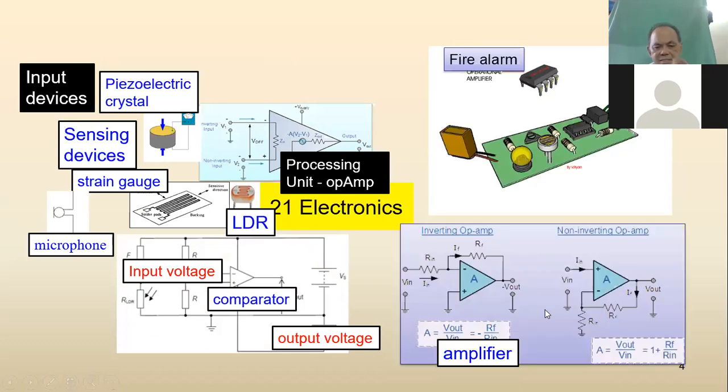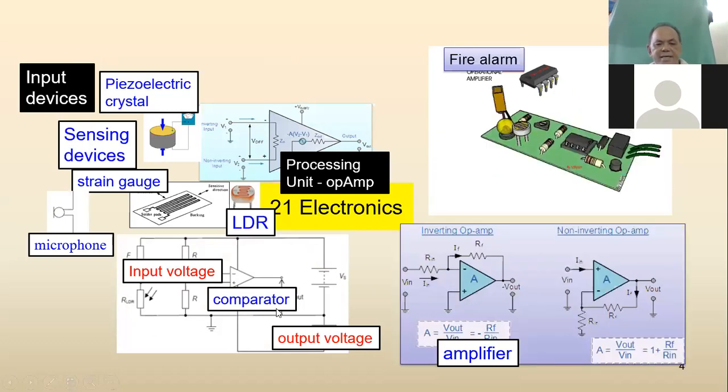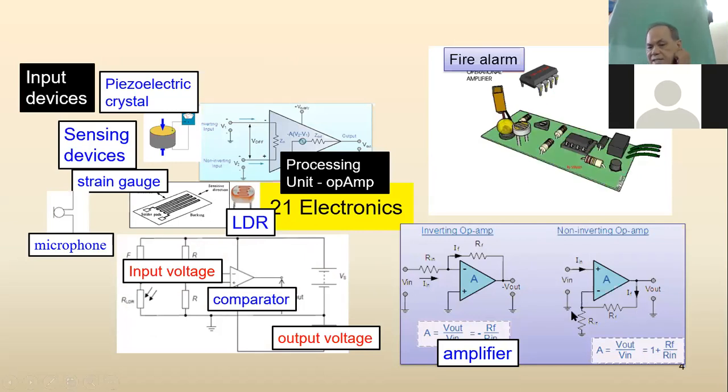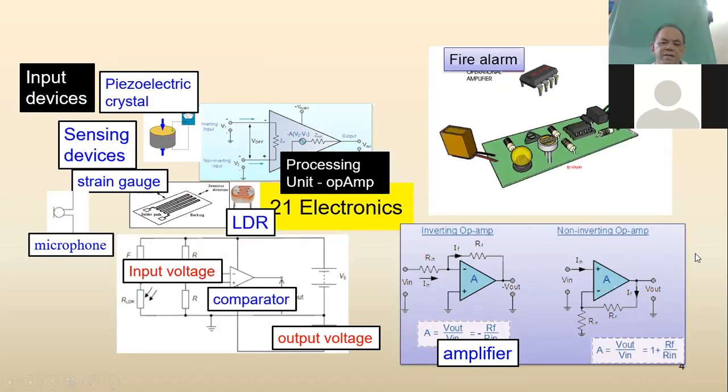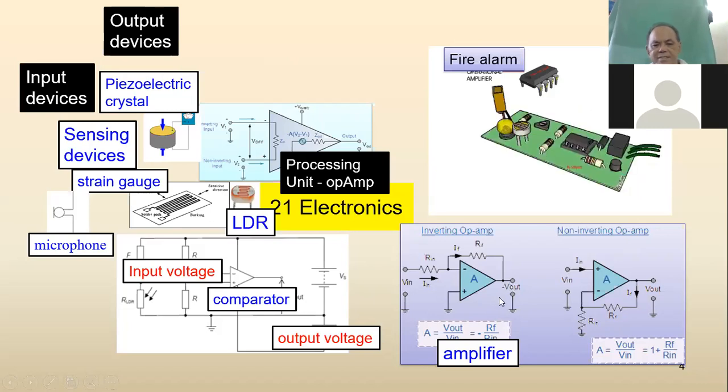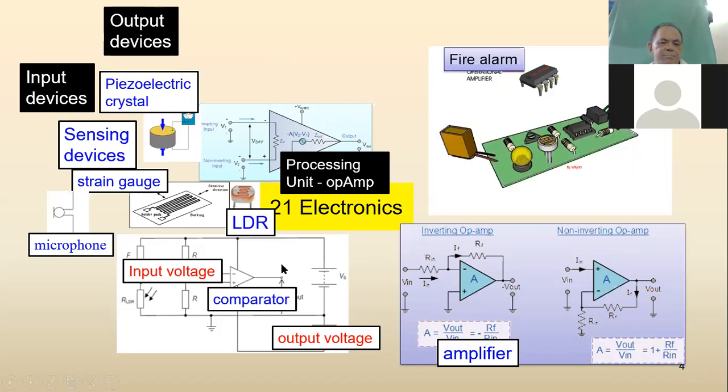But as we say, the gain is too high, and there are also problems there. That's why we have negative feedback. There's a negative feedback resistor. This one is either an inverting or non-inverting amplifier. We look at them. Then for the output of this amplifier or comparator, we must have something to tell us what is happening.